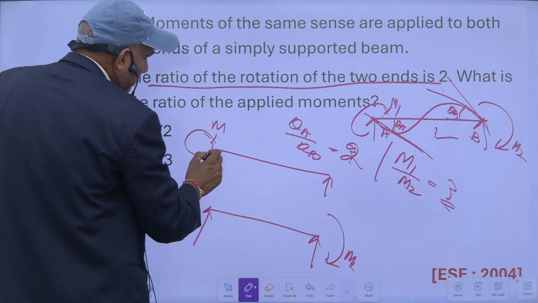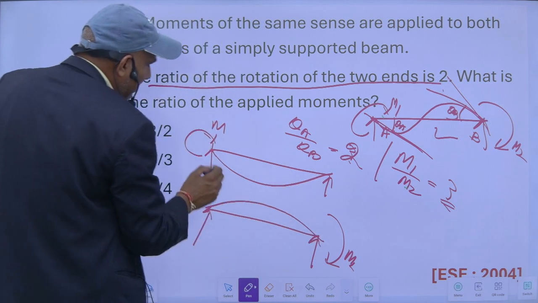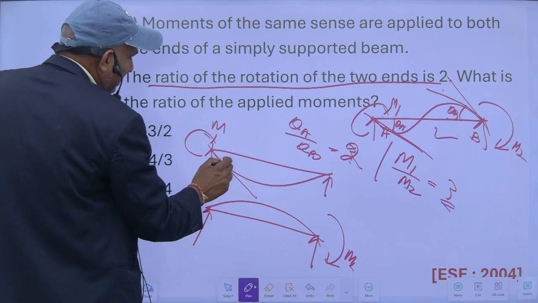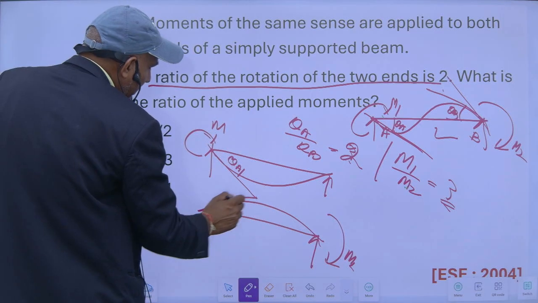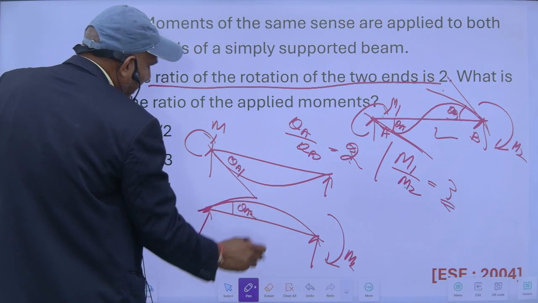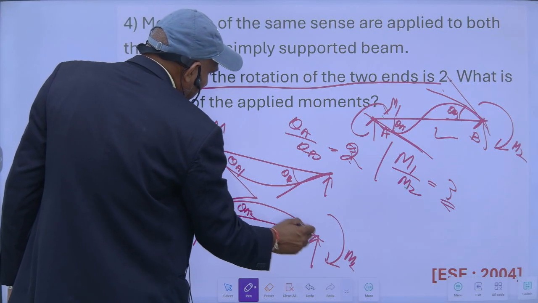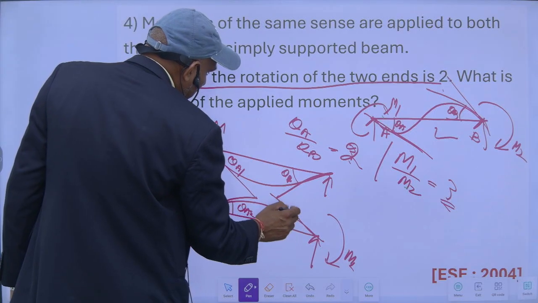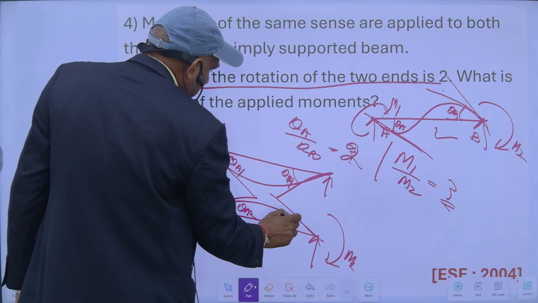So it will deflect like this and like this. Suppose this is theta A1, this is theta A2. Similarly, this is theta B1, and this is theta B2.